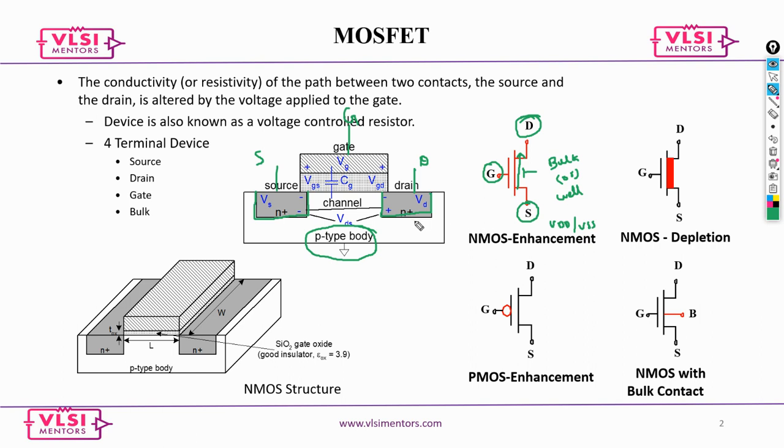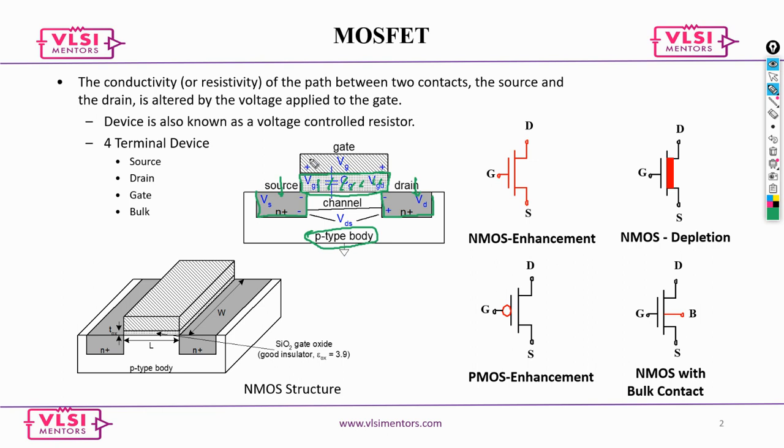Now this is a cross sectional diagram, where your silicon substrate is what we call the body, and on top of it you add n type impurities or doping, and you name it as source and drain, and then you do the oxide, that is the gate oxide.